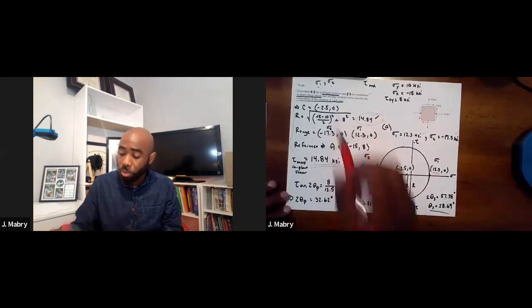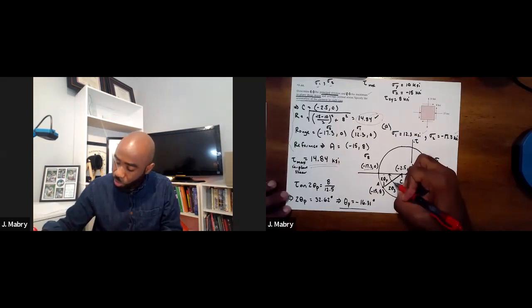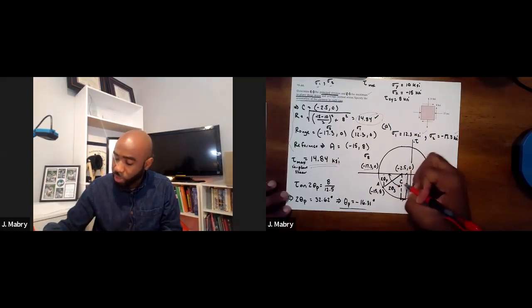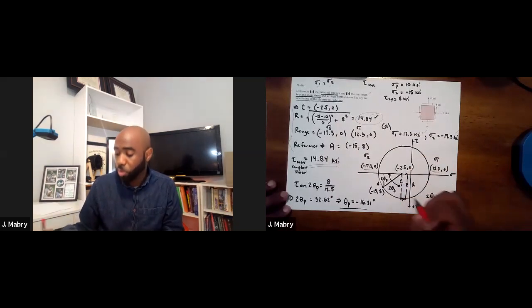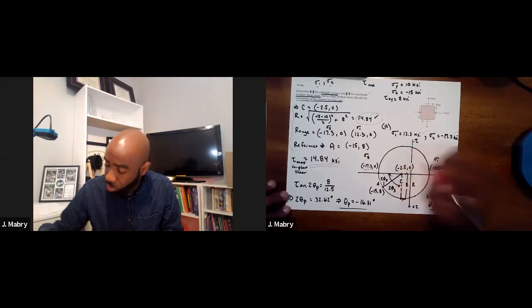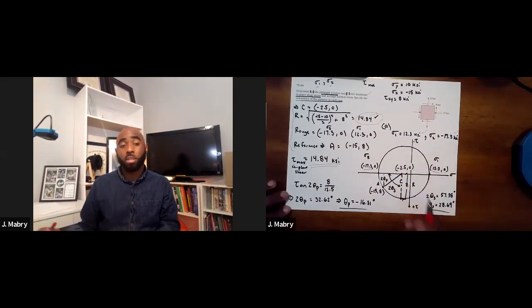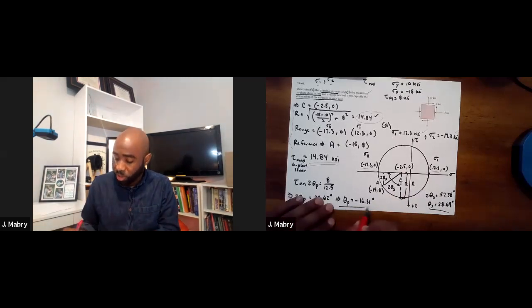Down here, for the orientation, I showed that this counterclockwise direction from our reference line would be 2 times theta sub s. If we go clockwise back to the x-axis, that would be 2 times theta sub p. We can use trigonometry to find that, and that is what gives us our orientation.